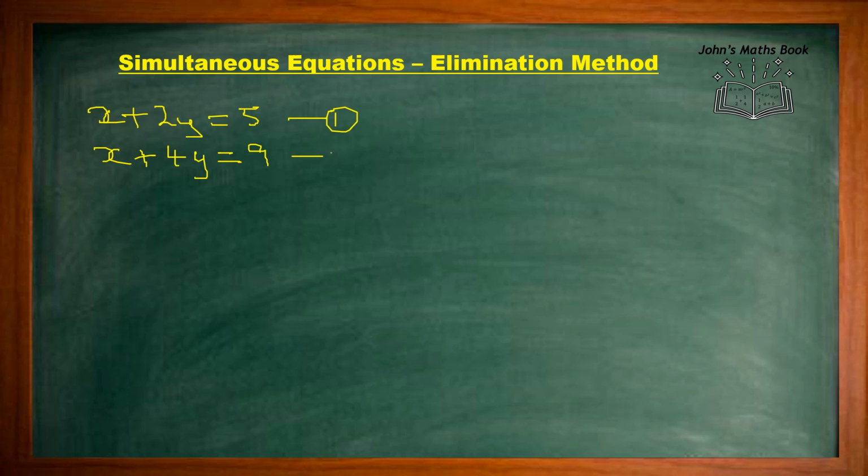So that's equation 2. Now the way the elimination method works is it eliminates one of the variables either by adding, subtracting, and sometimes multiplying. In this case, as we can see, the coefficients of the x terms are the same. So all we need to do is subtract equation 1 from equation 2.